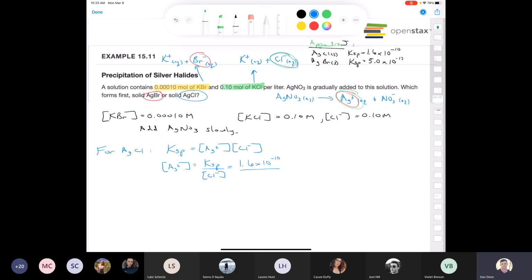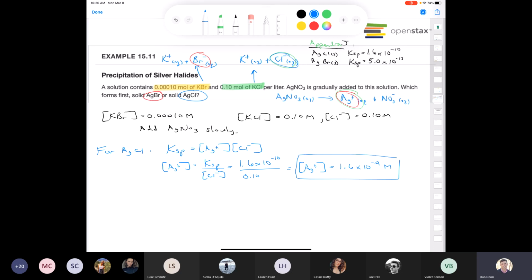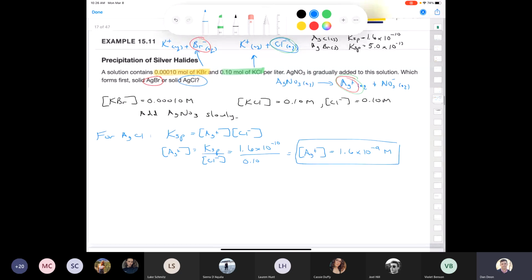I divide that by the concentration of chloride, which is 0.10, and I get the minimum amount of silver ions that you'd have to put in from the silver nitrate: 1.6 times 10 to the negative 9 molar. Okay, that's the minimum amount that you would need to cause precipitation of silver chloride.